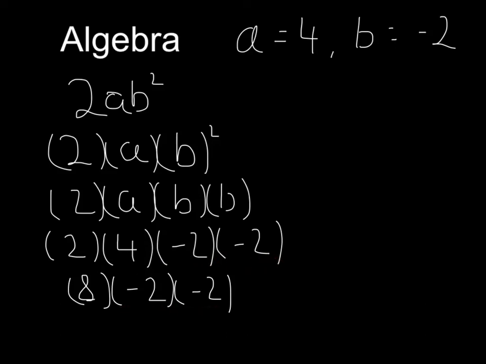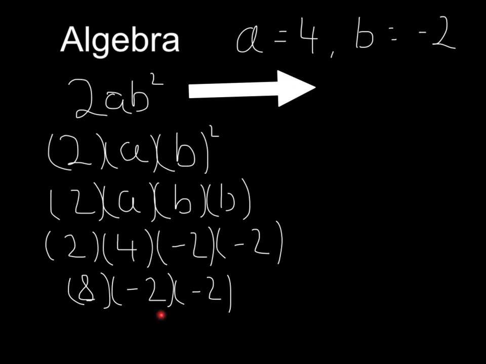So I am just going to continue that up here. So now I'm going to take the first two. I don't have to, I could take these two together, but I'm just going to do the first two.